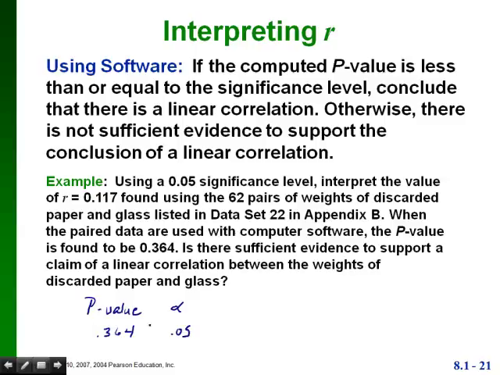So our p-value is definitely greater than our alpha. And this means in terms of hypothesis testing, our conclusion would be that we'd fail to reject our null hypothesis. This is a little bit of a review for hypothesis testing. And in this case, that means that there's not enough evidence to support the conclusion of a linear correlation.